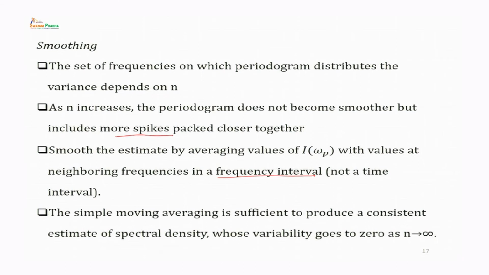You select a frequency band, an interval in which you have to smooth the periodogram, and then you go ahead. Then simple moving averaging is sufficient to produce a consistent estimate of spectral density, whose variability goes to 0 as n tends to infinity. So, even simple moving averaging for doing smoothing works well.